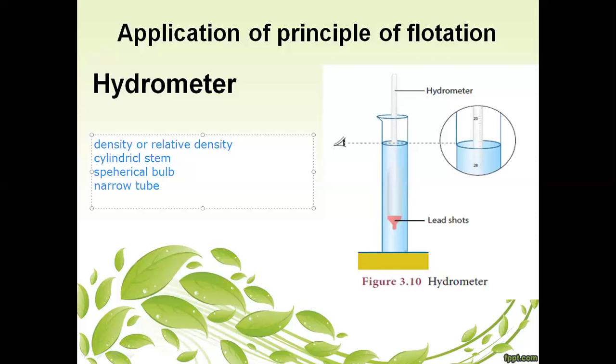When a liquid medium is tested, it is poured into a glass jar. The hydrometer is gently immersed into the liquid medium. The hydrometer floats, and the reading at the level of the liquid touching the tube gives the relative density of the liquid.